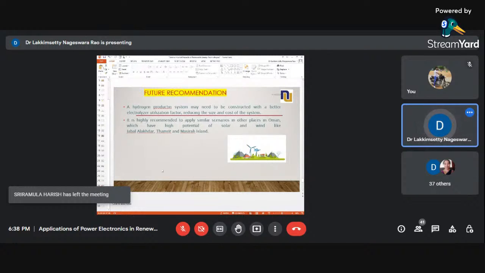Therefore, if we are able to use this saline water, it will be converted into potable drinking water.